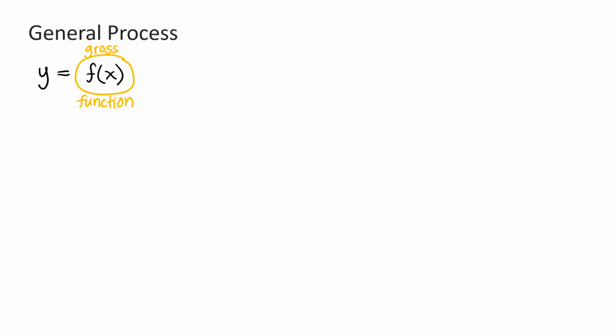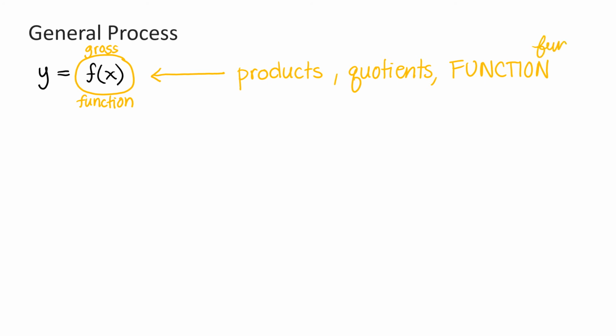And you might be like, what do you mean by gross function? So gross functions have lots of products, quotients, or as we'll see later, you have a function raised to the power of another function, as opposed to a function raised to a number or a constant raised to a function.